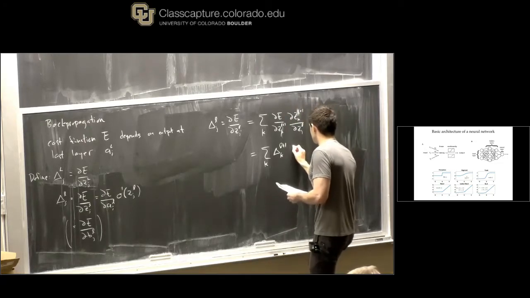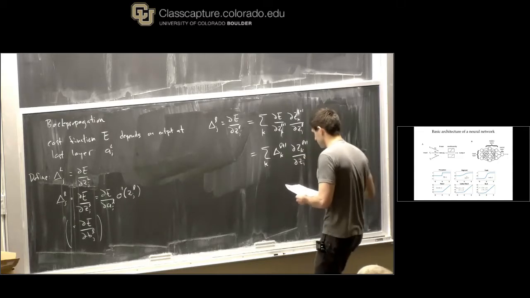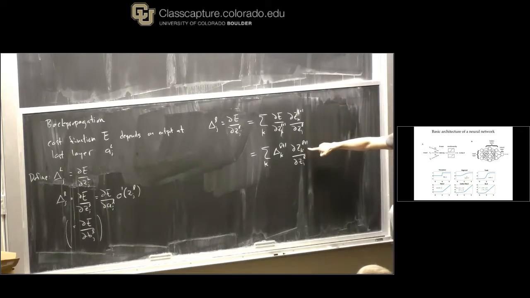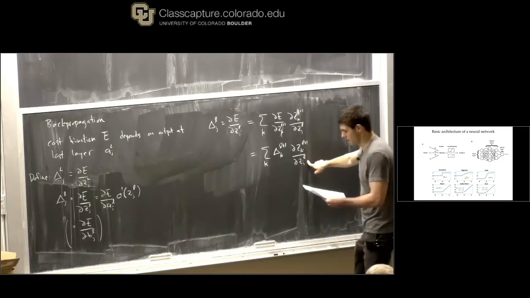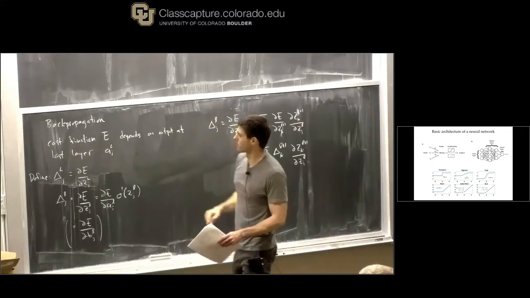Now let's keep this. So now we have to worry about how the Z at the next layer is affected by the Z at the current layer. So you can just use the definition of A and run it through.